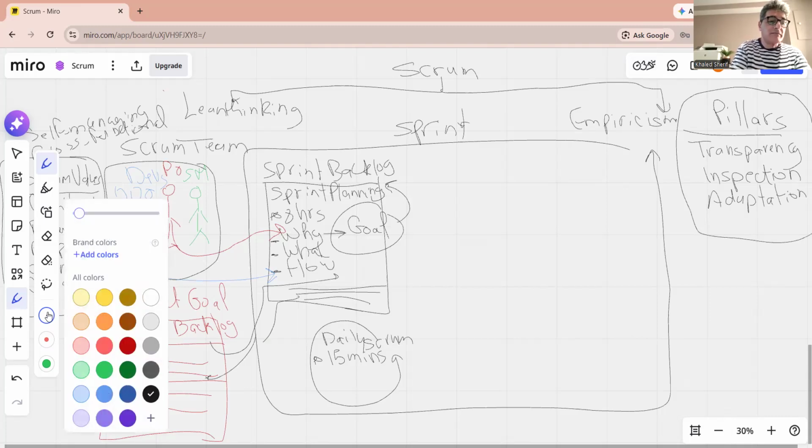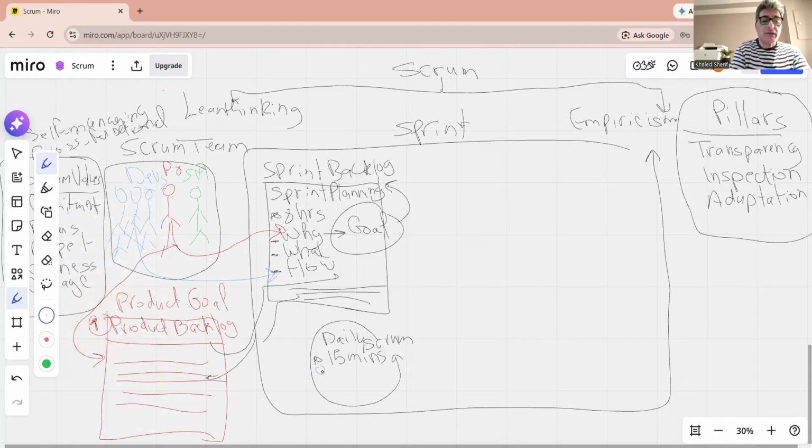The daily Scrum is mandatory only for the developers, where they collaborate together and align, inspect, and adapt their work to see if they are aligned to meet the sprint goal or not.